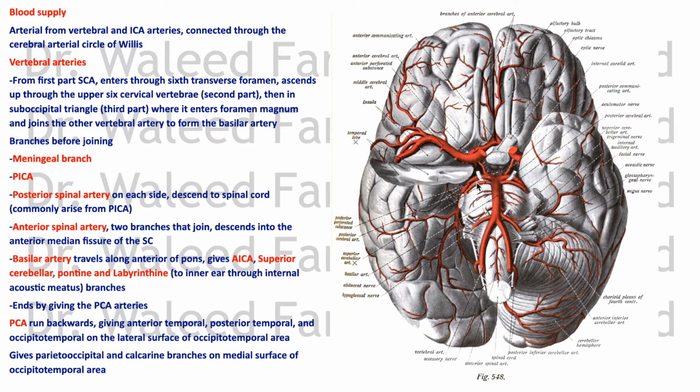artery. Now, the posterior cerebral artery runs backwards, as you can see here, and it gives temporal branches, anterior, posterior, and occipitotemporal branches, and on the medial surface gives parieto-occipital and calcarine main branches to supply the medial surface of the occipital lobe. This is the posterior cerebral artery.